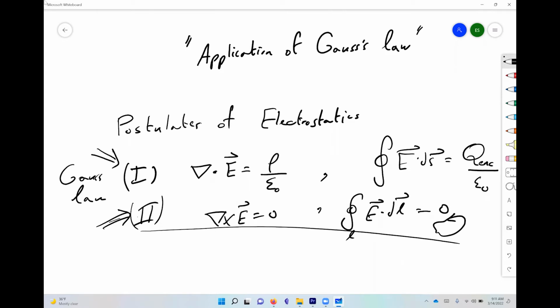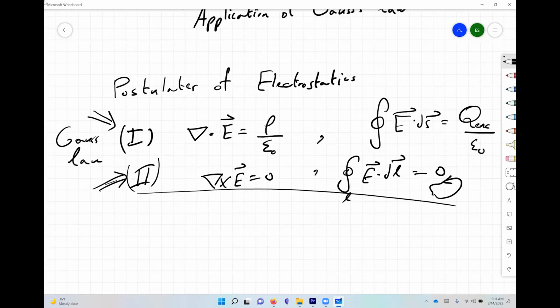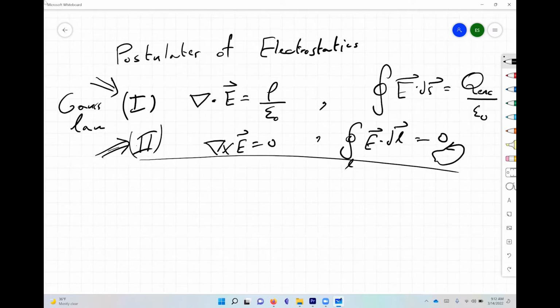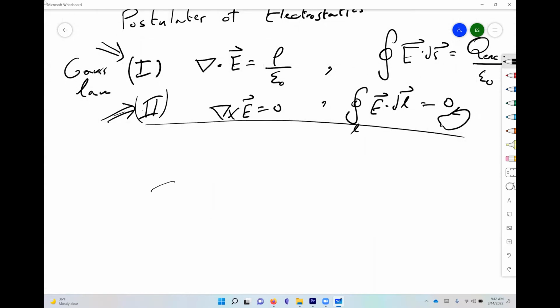the electrical field. Because previously, the only method we had for calculating the electrical field is to take any charge distribution and divide it up into small segments, small components. And each component can be treated as a point.